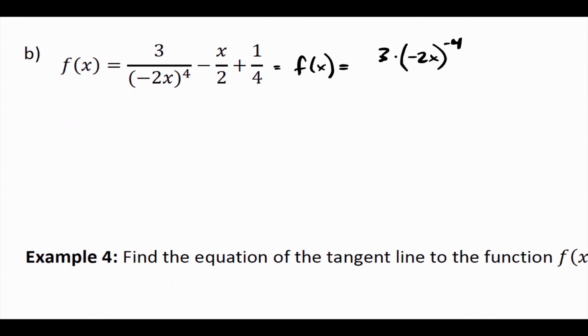Oh, +4, sorry, +4. Because when I move it up, oh, sorry, no, it's -4. You know what, before we do that, let's simplify this. Because it's got parentheses, so let's simplify this. So -2 to the 4th is 16. So this would be 16x to the fourth.